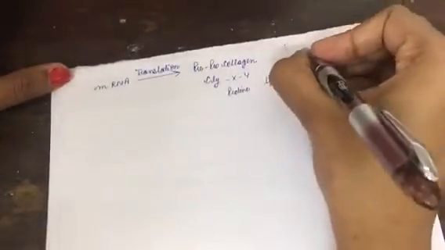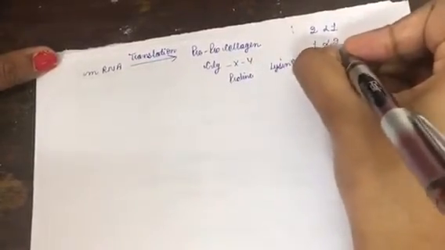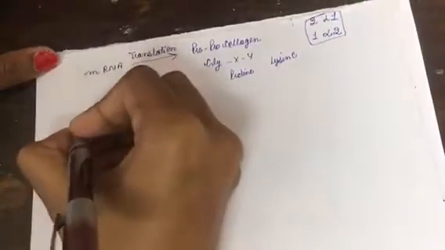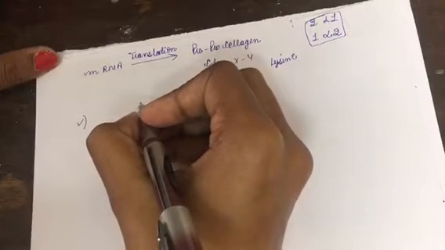So after that, this pre-pro collagen has two types of peptide chains, two alpha 1 and one alpha 2, right? These will have registration peptides and a signal peptide.